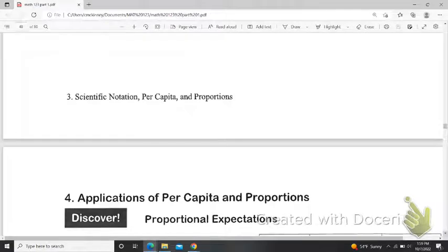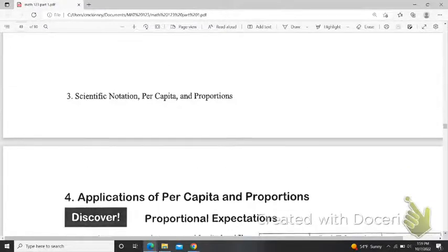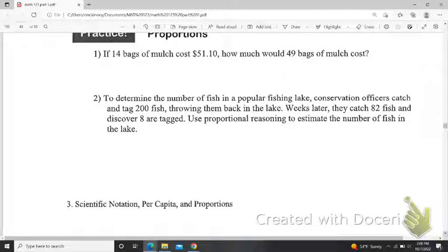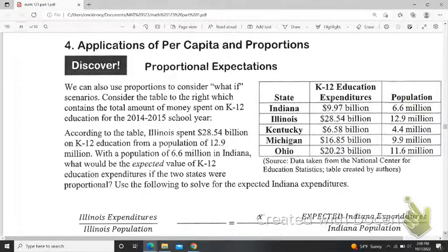So I would like you to work through, you're going to stop at the applications page. So get a little bit of practice with the different things that we did in that section. Those are our practice, like our homework assignment part. And then there is a separate homework assignment after we have done this next section, but that'll be a different video. All right, so this just rounds out section 3.